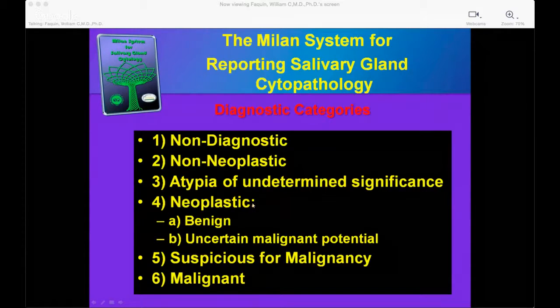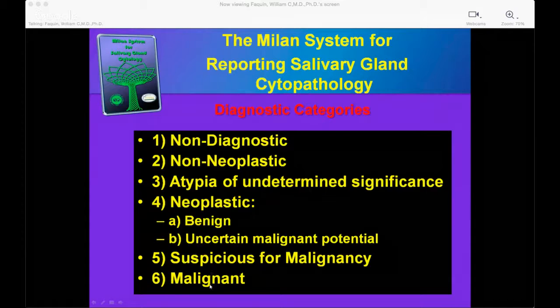The fourth category is neoplastic, and it's divided into two subcategories: benign neoplastic and neoplastic uncertain malignant potential.